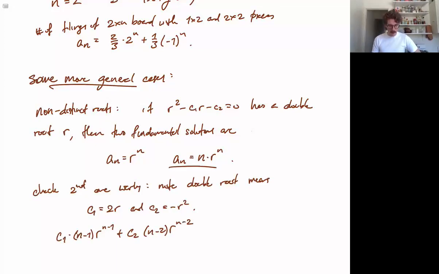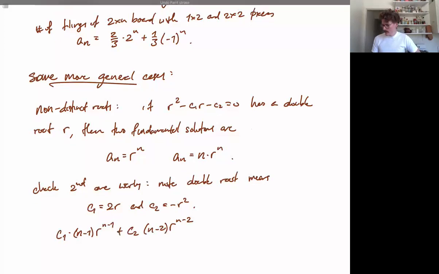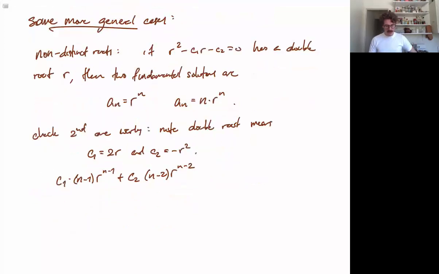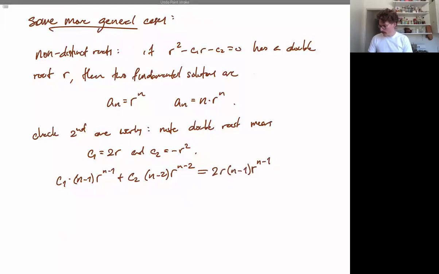So that's what we're aiming for. And how are we going to find that? It's just a little bit of computation, plugging in what we know about c1 and c2. So this is equal to, plugging in, we get 2r times (n minus 1) r to the n minus 1, minus r squared times (n minus 2) r to the n minus 2.